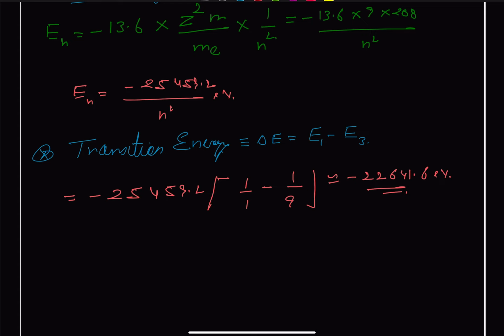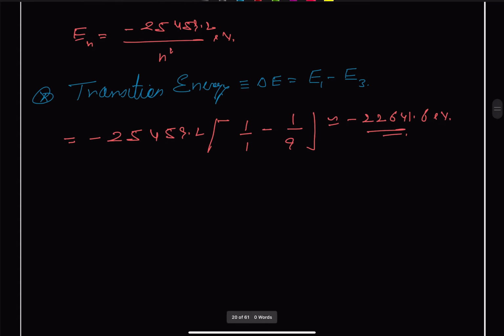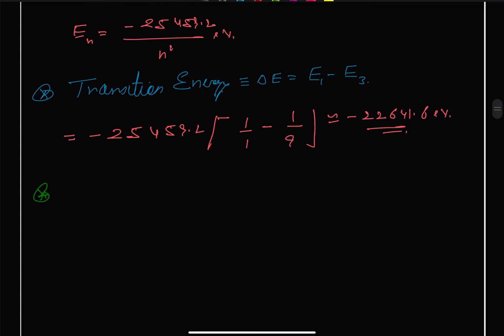electron volt. Now we can easily find out the wavelength. Wavelength lambda is equal to hc upon this E, that is our delta E in this case.